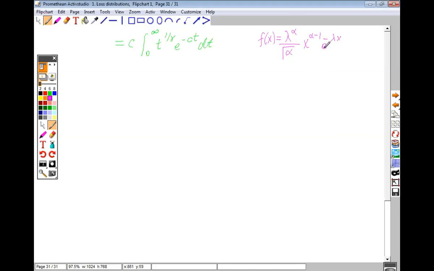So we can say that lambda will be equal to c. And the power of x over here is alpha minus 1. So we can say that alpha would be 1 upon gamma plus 1. Very good. And so what should I be doing now here?